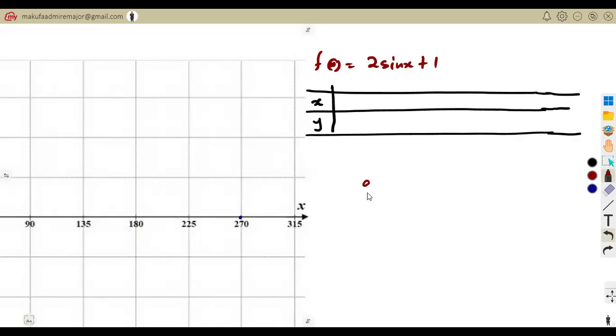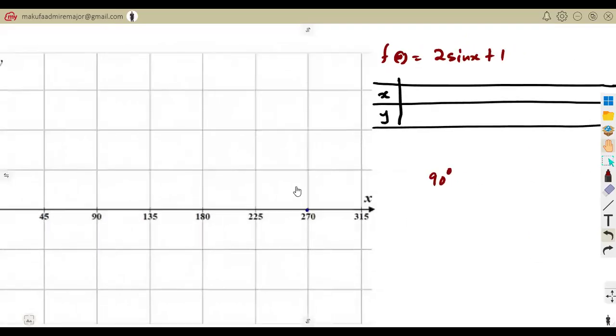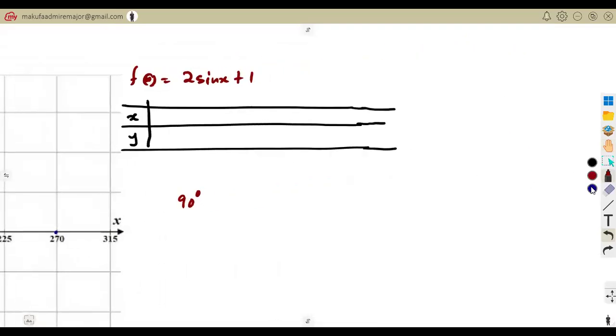You're working with a step of what? 90 degrees. You can do that. 90, 180. Those are the major points when dealing with the graph of what? Of a sine. The step. The 45 that we are seeing there is best when you're drawing the graph of a tan. When I'm talking about the step, I'm talking about the separation of angles.